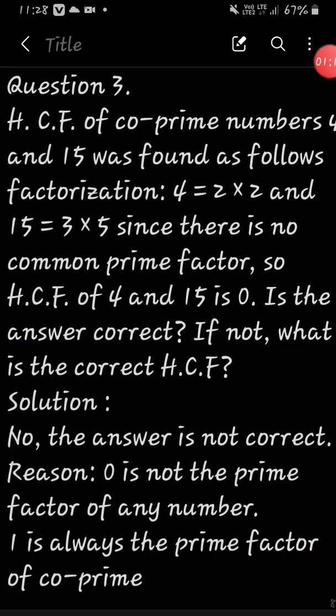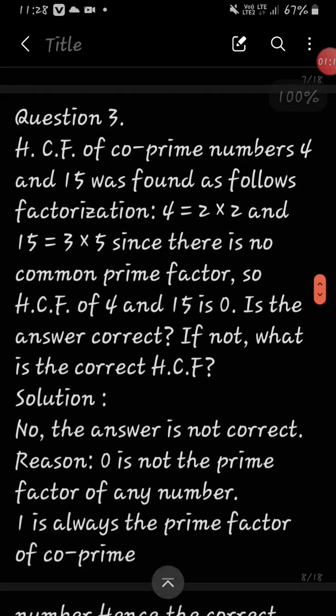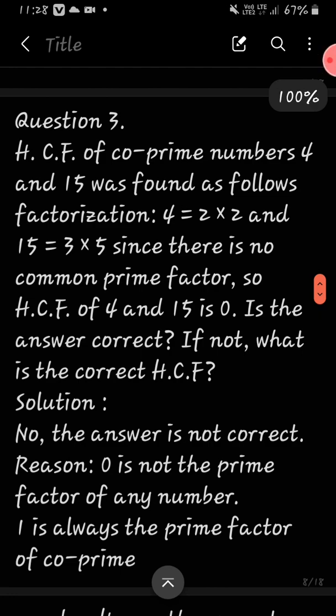Question number 3: the HCF of co-prime numbers 4 and 15 was found as follows. Factorization of 4 is 2 into 2, and 15 is 3 into 5. Since there is no common prime factor among 4 and 15, the HCF of 4 and 15 is 0. Is it correct? If not, what is the correct HCF?